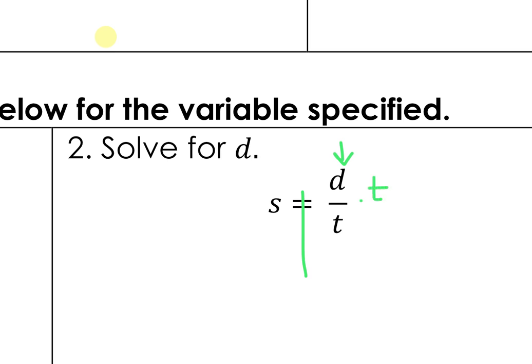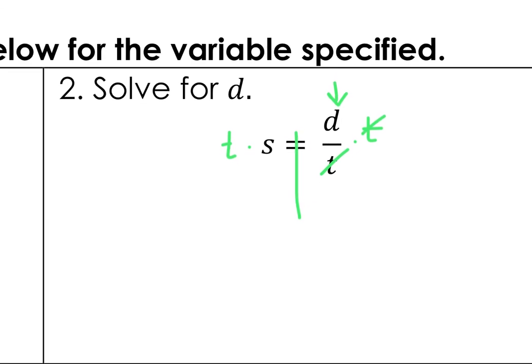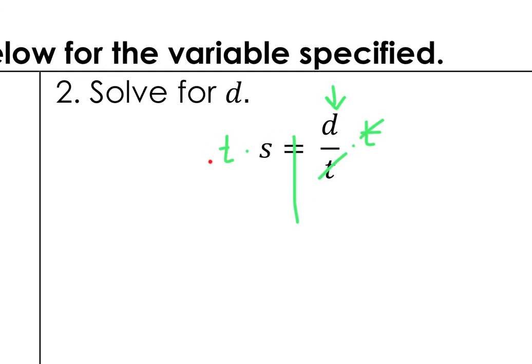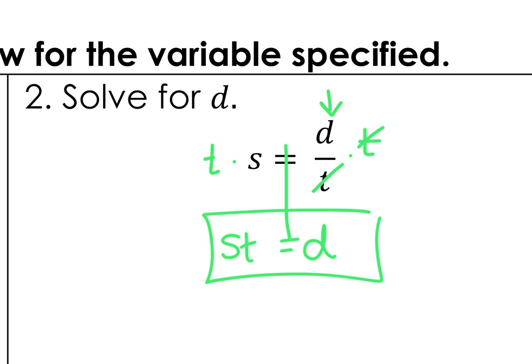So I multiply both sides by t so that they'll cross cancel. And then you can leave this with this dot notation if you want, or glue them together like we normally see. So s times t is equal to d, or d times s. The order doesn't matter. You can have t times s or s times t.